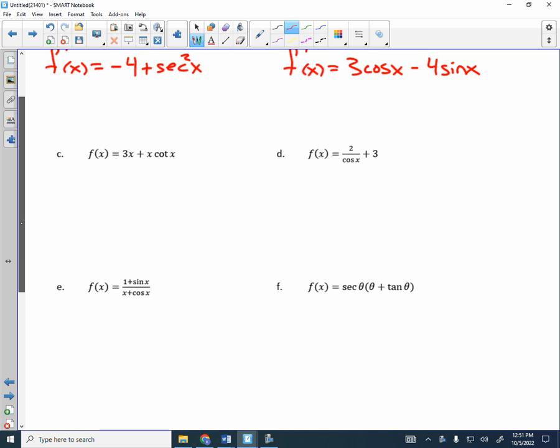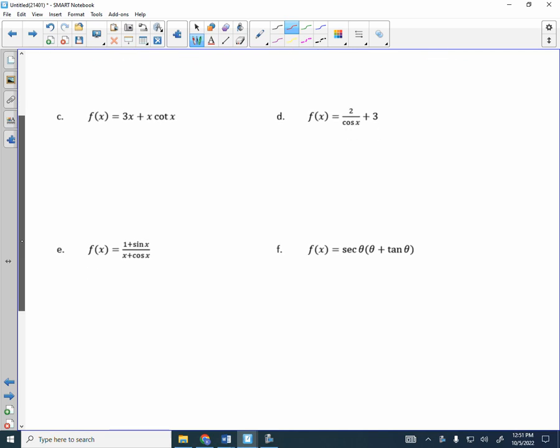So when I look at letter C, here's what I see. I see that the derivative of f of x, I take the derivative of 3x and I get 3 plus, and then I see x times cotangent of x. And so here's what some people do, and again, I don't get why, so you can help me out. People say, well, the derivative of x is 1, and the derivative of cotangent is negative cosecant squared. So that's a common thought. Okay.